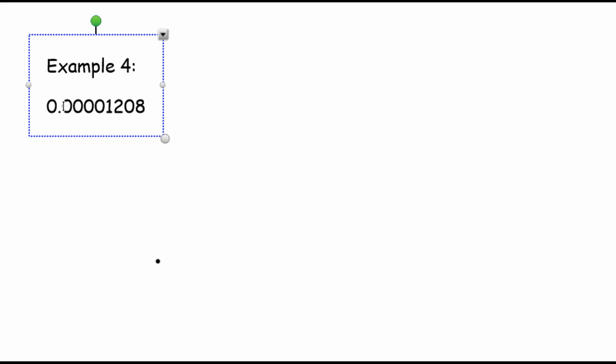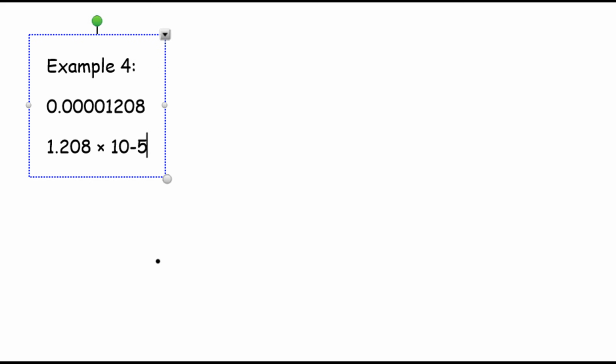Just count from this point. Just count the zeros: 1, 2, 3, 4, and 5. You just count to one significant figure. So we counted 5. So in standard form, this figure will be 1.208 times 10 raised to the power minus 5. This is the standard form of this number.